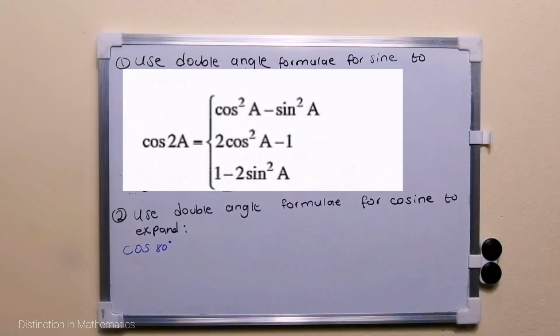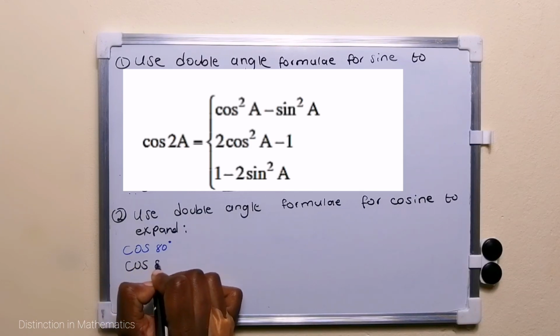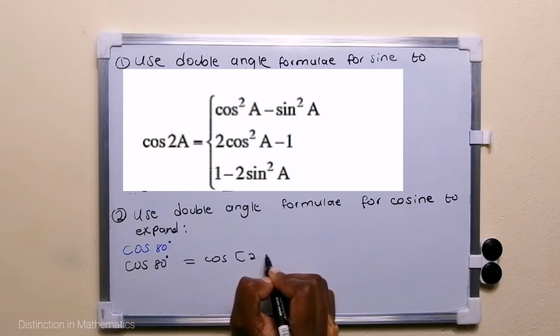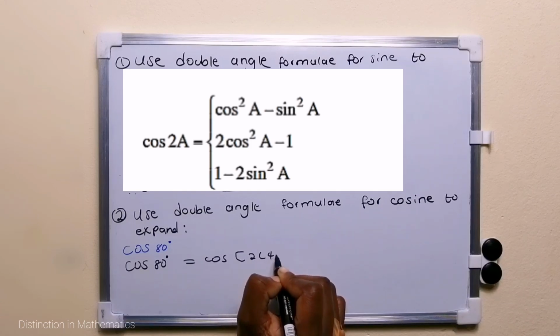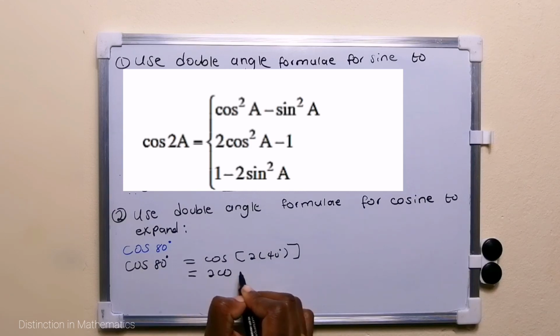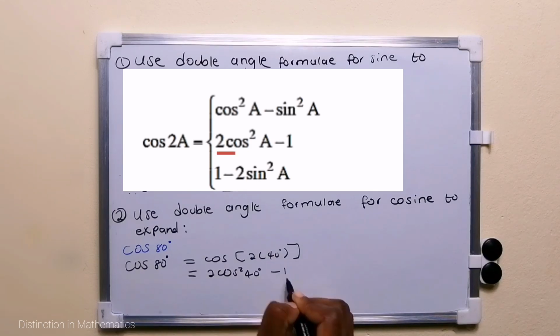The second one, we have to use a double angle formula for cos to expand cos 80 degrees, and we already know the identities for cos 2a. So we divide 80 degrees by 2, which will give us 40 degrees, and we will have 2 cos squared 40 degrees minus 1 because we are working on this identity.